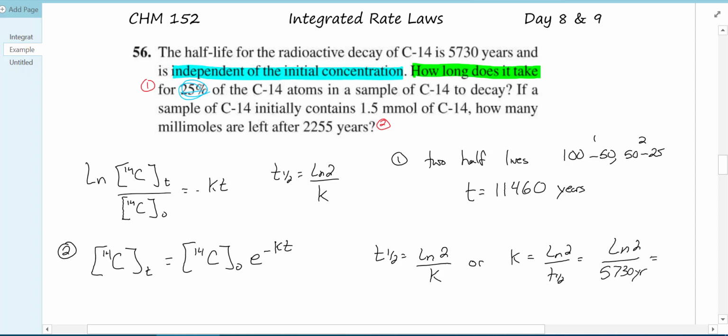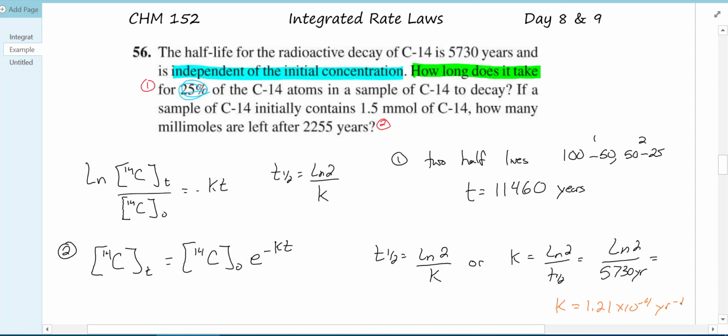So if I take the natural log of 2 and divide it by 5,730 years, I get 1.21. K would be 1.21 times 10 to the negative 4 year to the negative 1. So that's what I get for k.